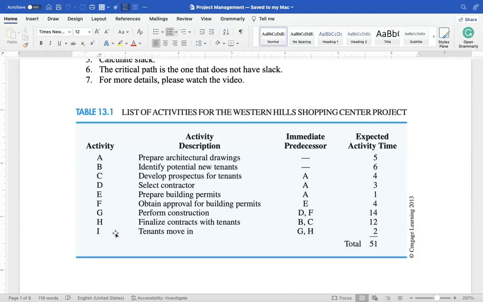And the last activity is I, tenants move in, and its predecessors are G and H. In other words, G and H lead to activity I, and this activity takes 2 weeks. And the total time for the project is 51 weeks.